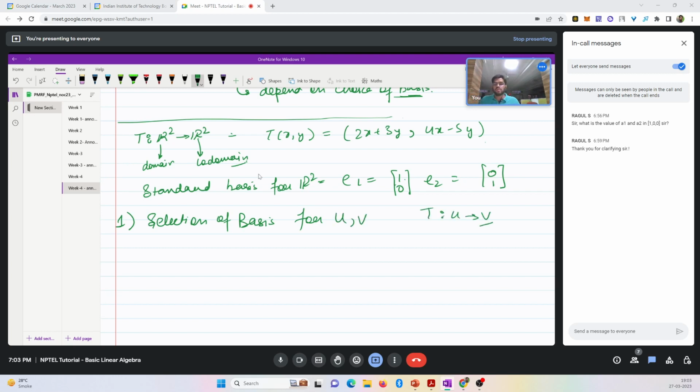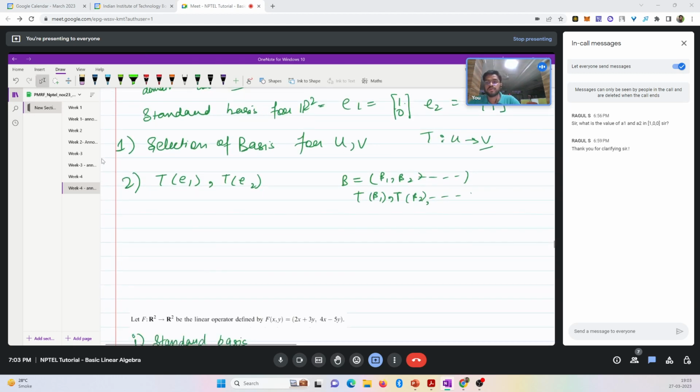Now the second step is to find T of E1 and T of E2. So if you had, let's say, basis B equal to beta 1, beta 2 and so on, then you will find T of beta 1, T of beta 2 and so on. So you find the images of your basis elements.